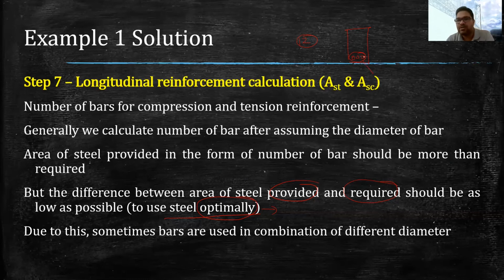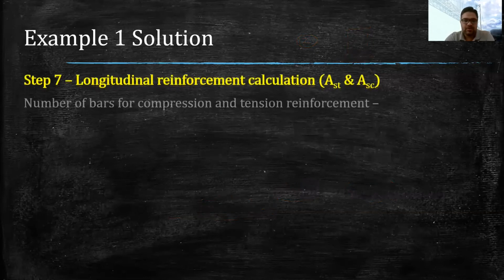Say, the outer two of 20 mm and the inner of 16 mm. In such combinations we can use bars so that the difference between the area of steel provided and required is minimum. So all the discussion that I have done on this slide, we will perform on the next slide.